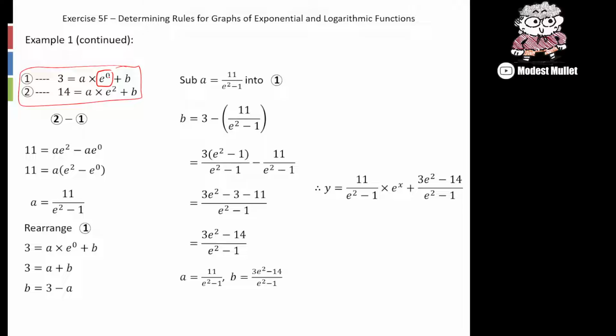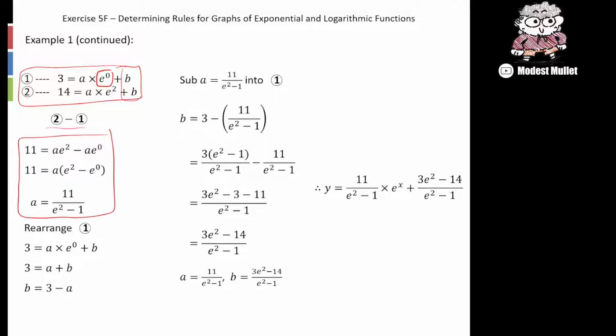It makes our life a bit simpler. We can use subtraction or addition. In this case, we've got a plus b, so we're going to do a subtraction to get the b's to cancel, then we're only left with a's, which is all of this section here. So that works nicely for us.